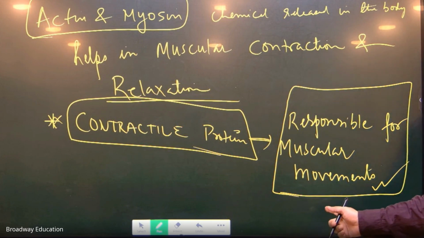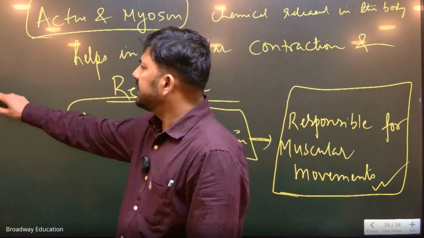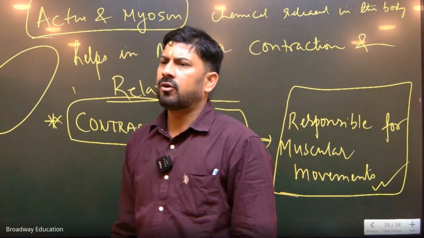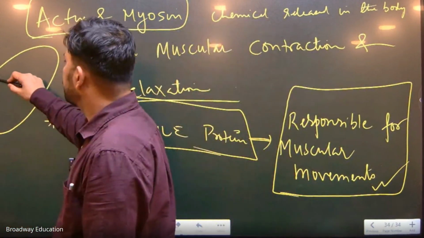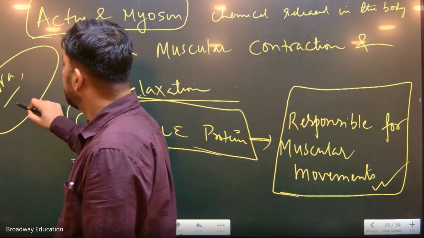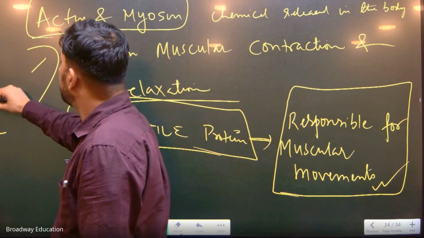Is this part clear? Understood? Now they ask you which particular element is important for contraction and relaxation. So here you can write sodium and potassium. Na means sodium, okay?